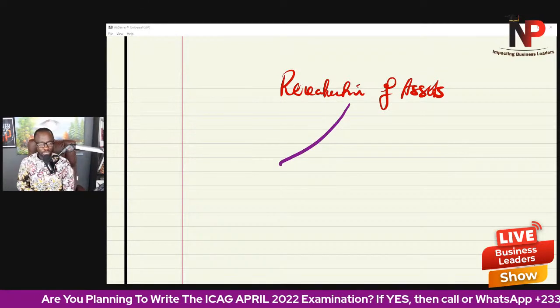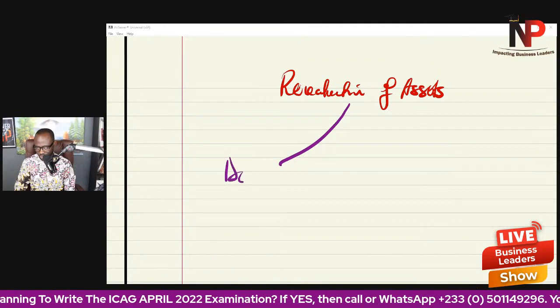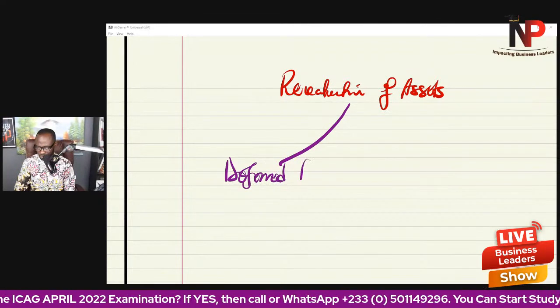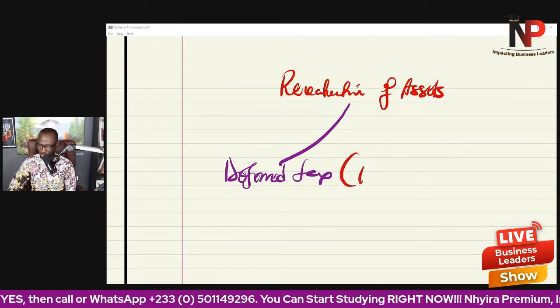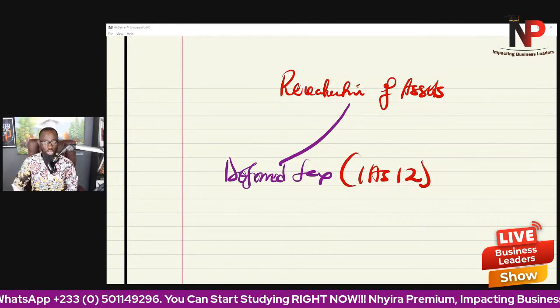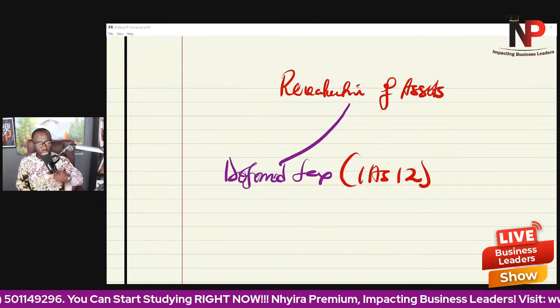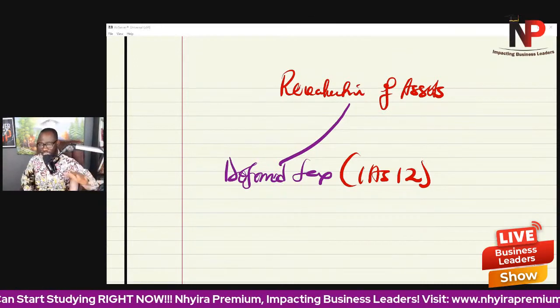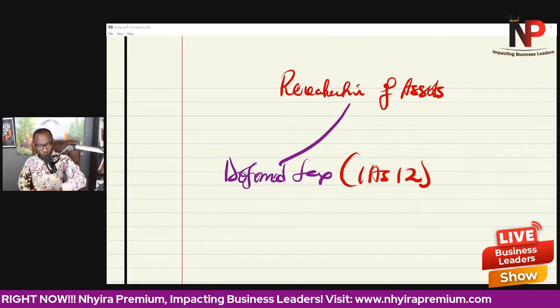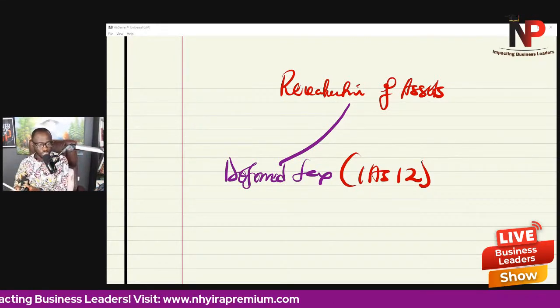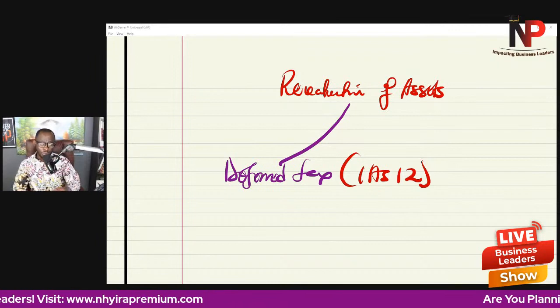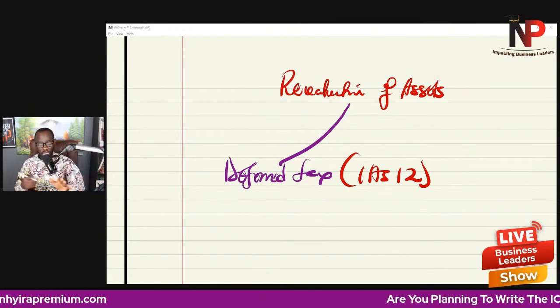One of the implications of revaluation of assets is deferred tax. This is IAS 12. When an entity revalues its assets, either upward or downward revaluation, as far as there is a revaluation, it is going to result in a deferred tax. And that could be a deferred tax asset or a deferred tax liability.